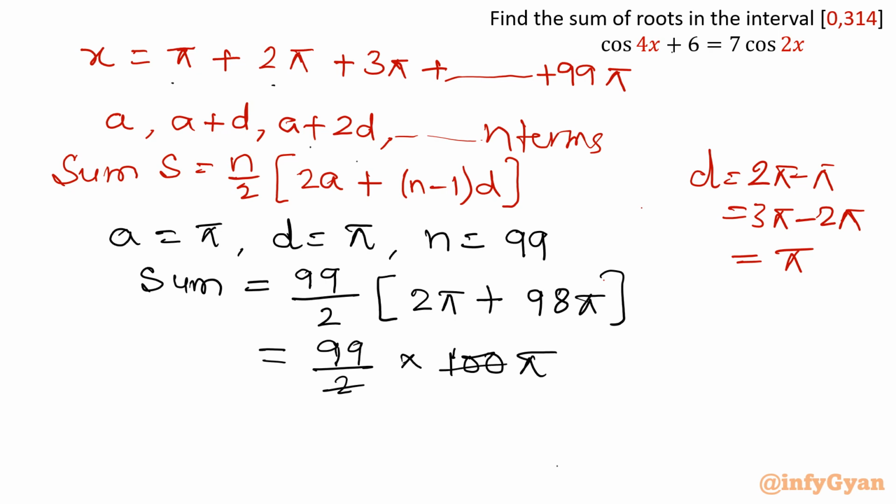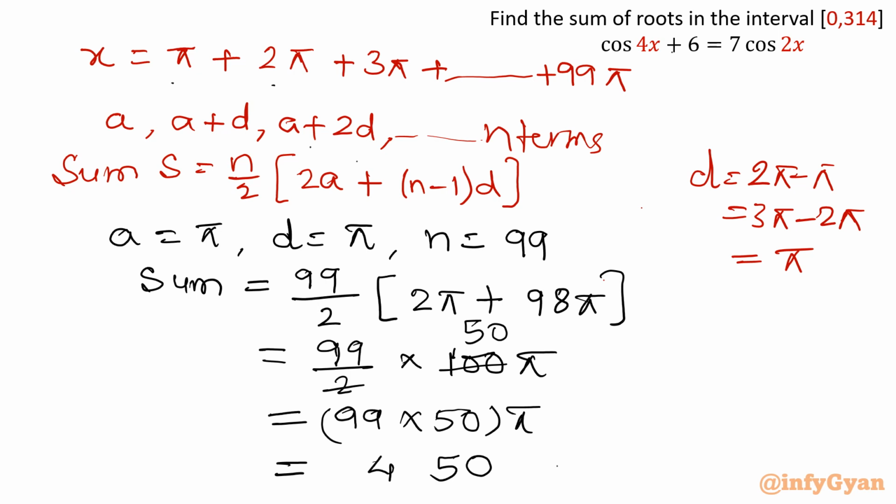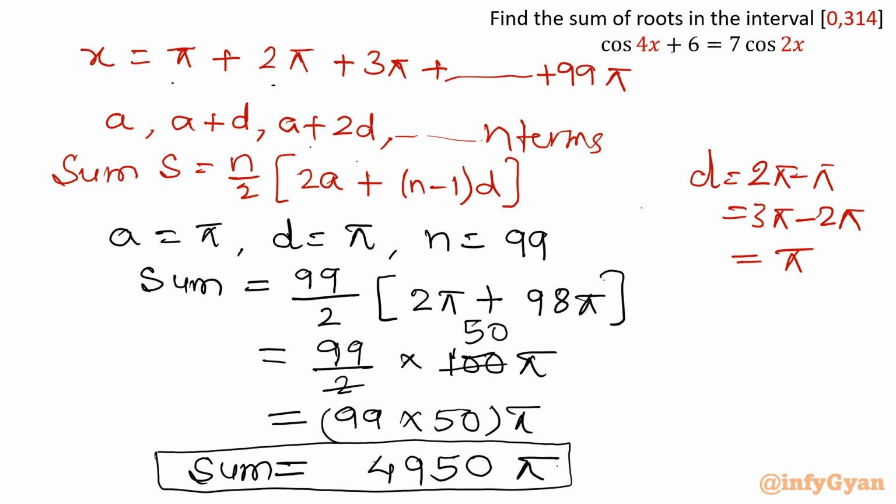Now you will cancel by 50. So your answer will be 99 times 50 into pi. If you multiply, it will come out to 4950. So your final and correct answer is that the sum of roots will be 4950 pi. This was a very interesting problem based on trigonometry as well as sequence and series.